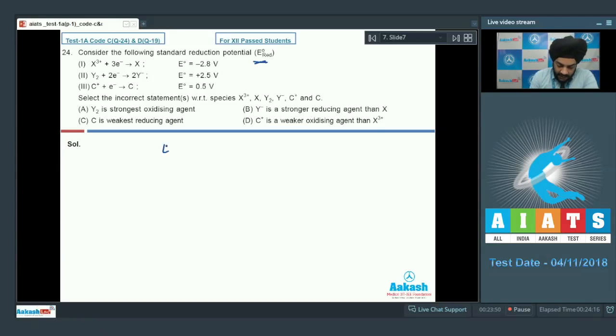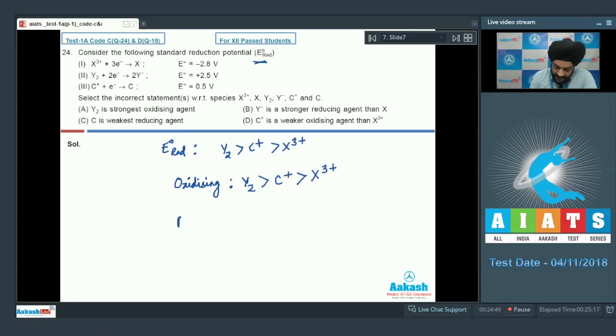So if we talk about E0 red, we can arrange these species as Y2 is greater than C+ is greater than X3+. This will be the oxidizing nature of the given species. Y2 is a stronger oxidizing agent than C+, which is again a stronger oxidizing agent than X3+.